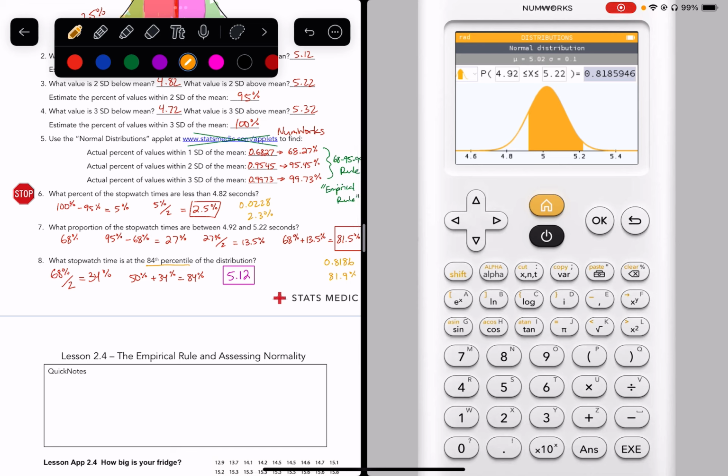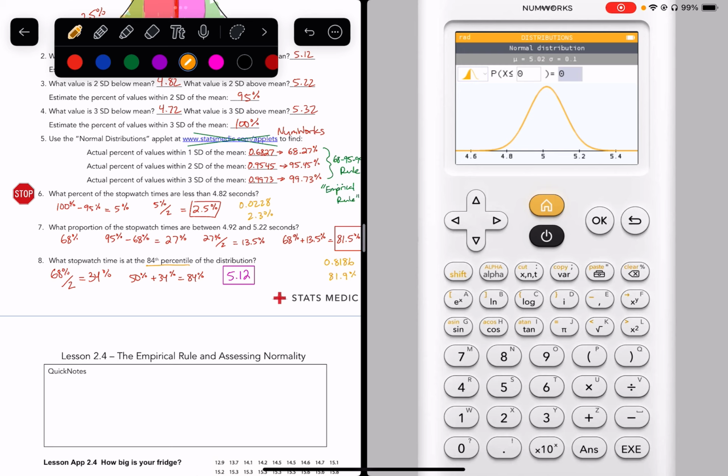And question 8, what stopwatch is at the 84th percentile? So this one's a little bit different. We weren't given seconds this time. We were given a percentage, right? 84%. I'm going to make sure my graph is on the left-hand side here, because the percentile is everything less than 84%. So instead of typing in a number here with the X like we have been, I'm actually going to go to the right-hand side here.